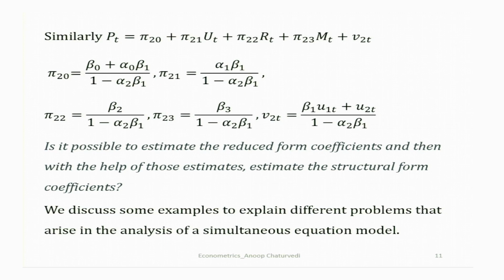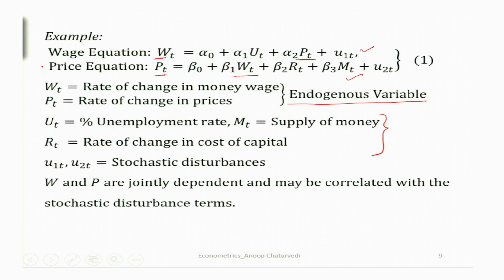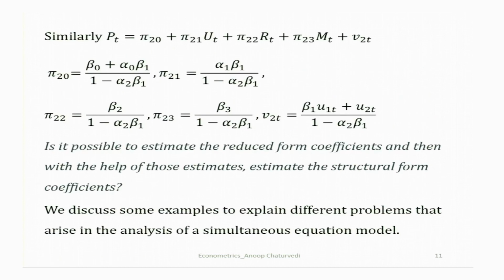Simply what you have to do is you take this value of W t and then you substitute this value of W t in this equation or this equation, and then you solve it for P t. So, ultimately you get this equation. Again in this equation also you have just one endogenous variable, that is P t.